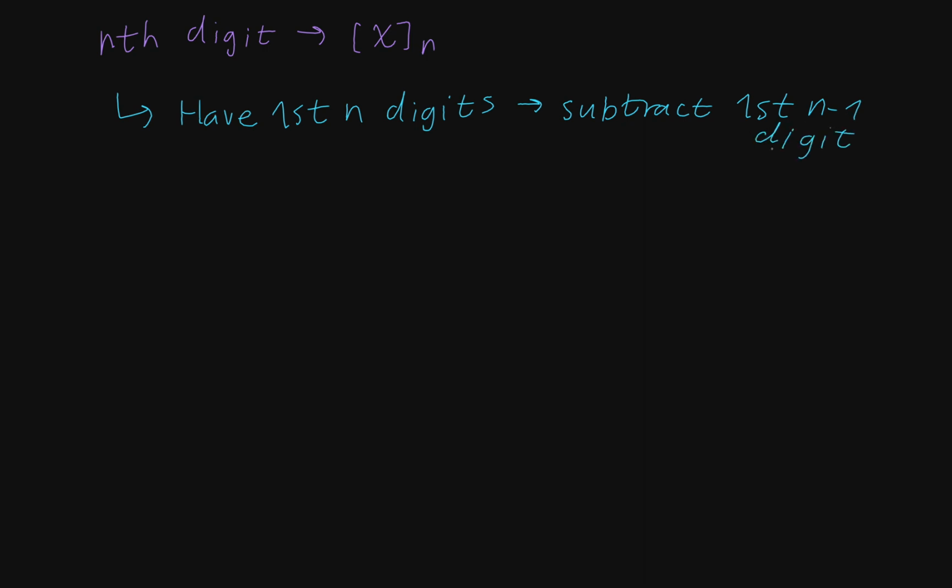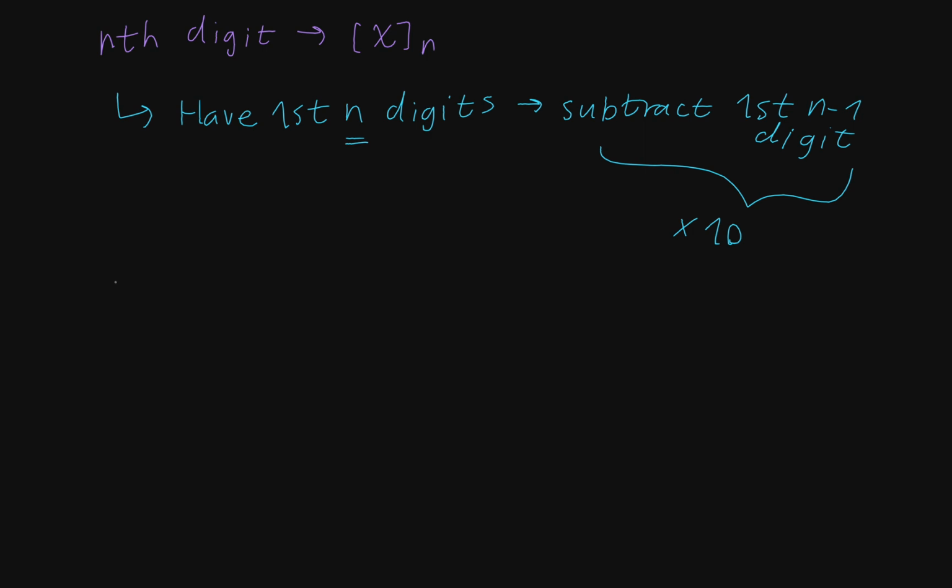Now we can't obviously do this subtraction directly. We want to just get that single digit left over at the end, right? So what we'll have to do is take these first n minus 1 digits and then multiply it by 10. So now we can subtract that off, and then all we get left is that nth digit, right?